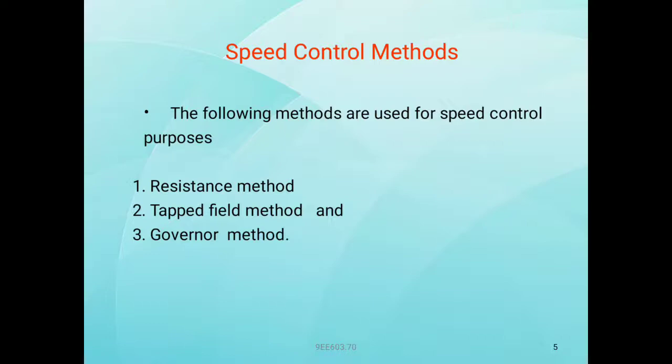where they use a rheostat in series with the armature; and the tapped field method, where by changing the number of turns in the field winding we can control the speed of the motor.